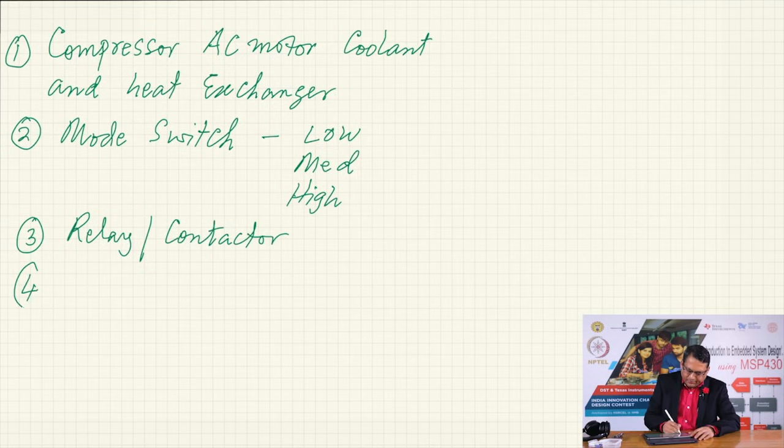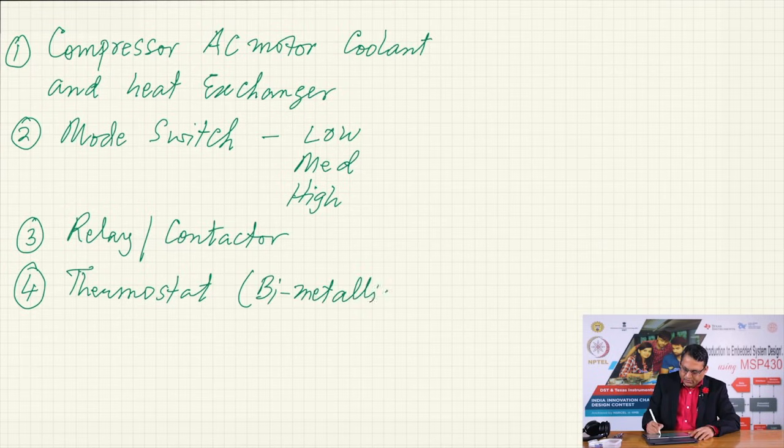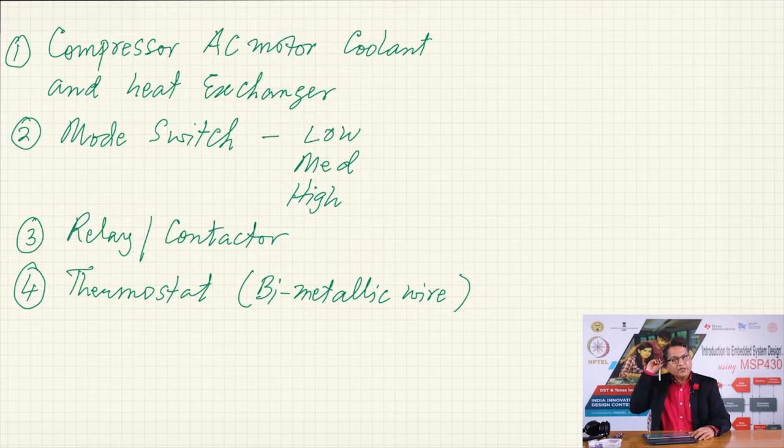And fourth, you had a thermostat, and in the olden times it used a bimetallic wire type of thermostat. Now, with the help of these four devices, a user would select how much cooling they wanted.